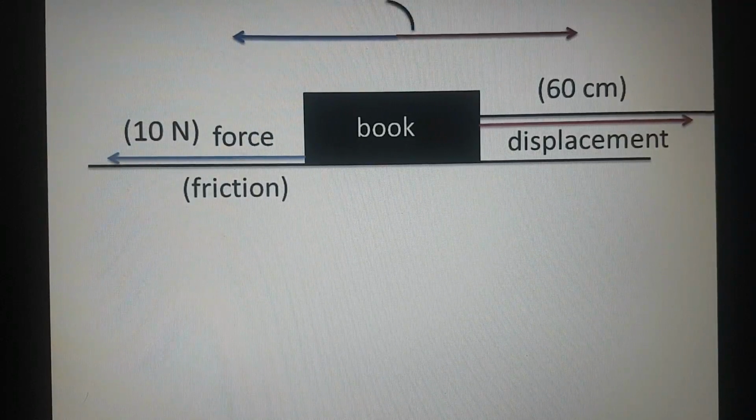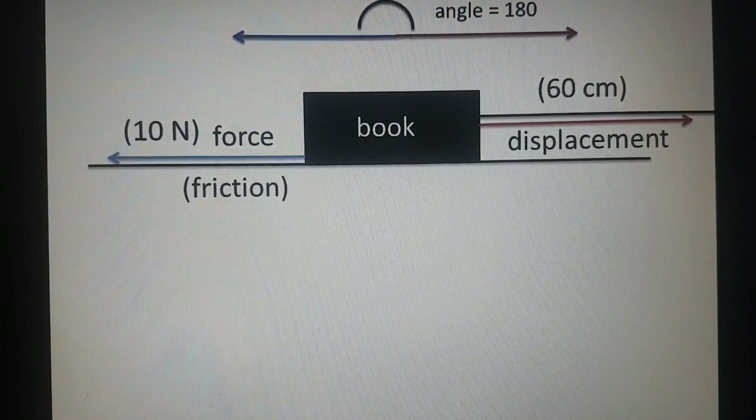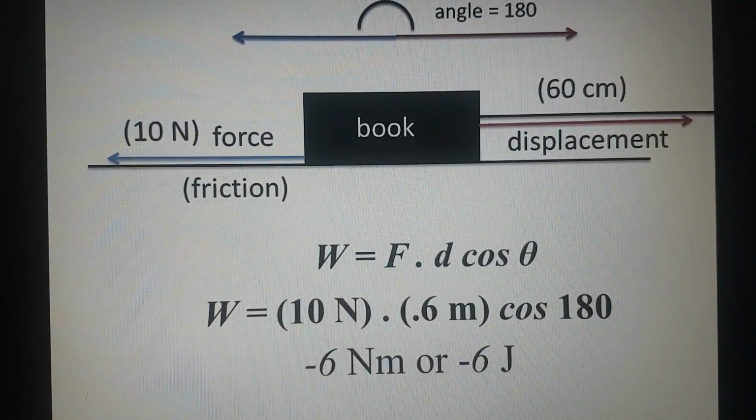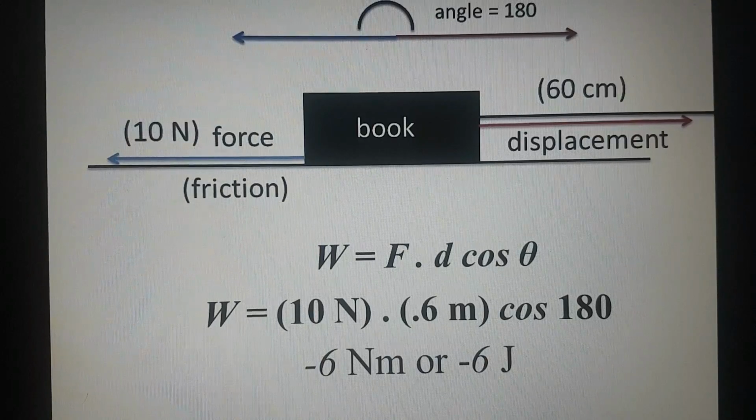And as we all know, the angle between the displacement and our force is equal to 180 degrees. So 10 Newtons multiplied by 0.6 meters cosine 180 is still negative 6 joules. So whenever you have 180 degrees, your value of work will always be negative.